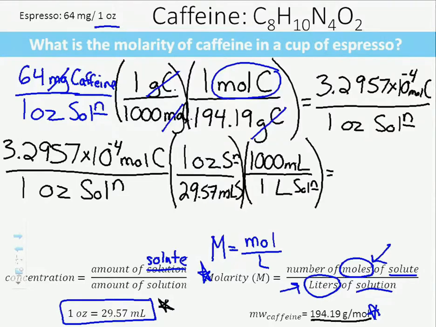And we get a molarity of 0.011. Let's go ahead and do 1 sig fig. We only have 1 sig fig in our 1 ounce, but in a real problem, we'll probably have more sig figs than that. So we'll just round it to the one that's in the problem. So 0.01 molar solution. So we've got 0.01 molar of caffeine in our solution.